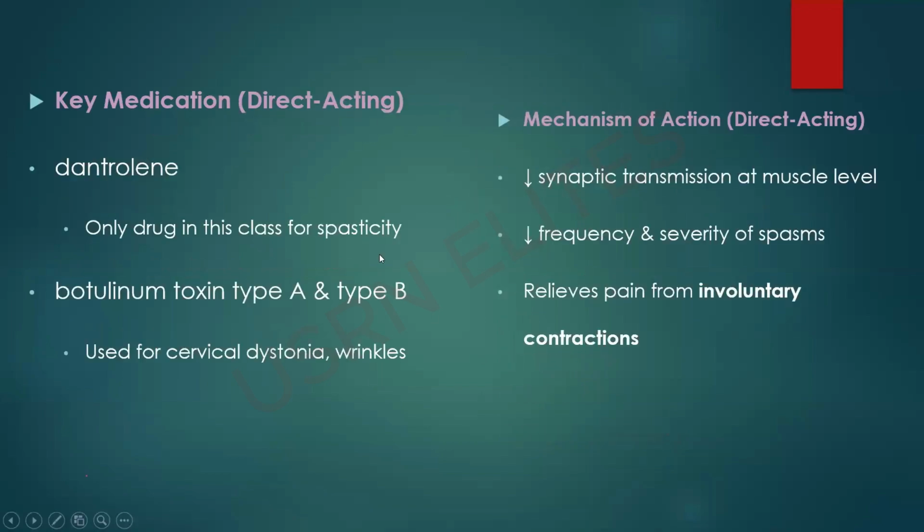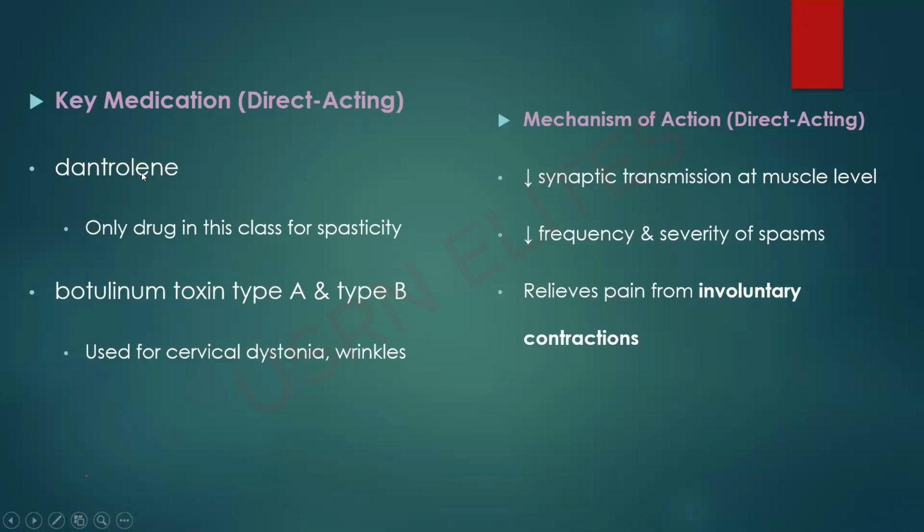Some of these key medications we're talking about are dantrolene and botulinum toxins. This is the only drug that is used for spasticity.